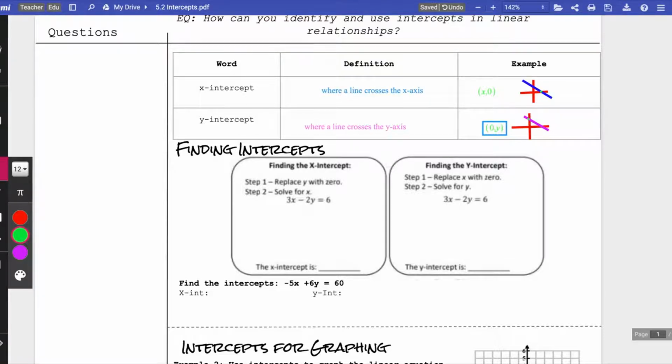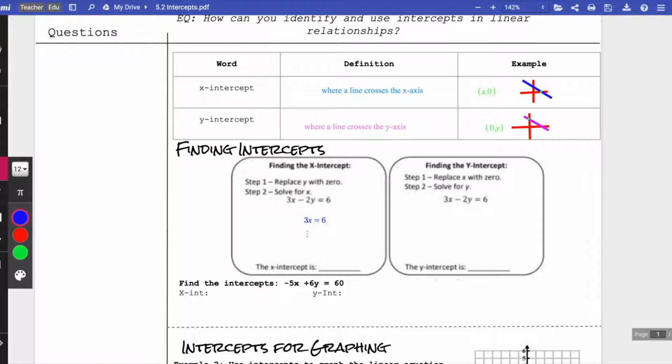So right now we're going to find the x-intercept when we're given an equation. And how you do that is you replace the y with 0 and then solve for x. So notice that if I replace y with 0 in 3x minus 2y equals 6, then I'm just going to have 0. So really, I can just reduce it to 3x equals 6, because when I replace y with 0, I'm going to have just 0 there, so 3x minus 0, which doesn't do anything.